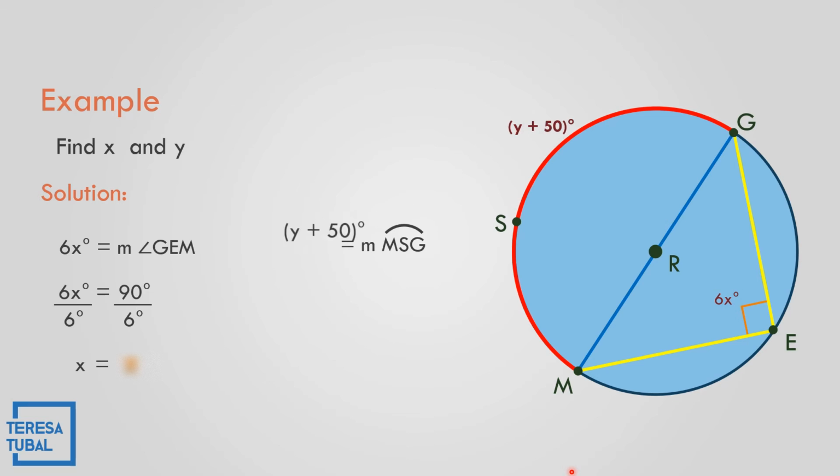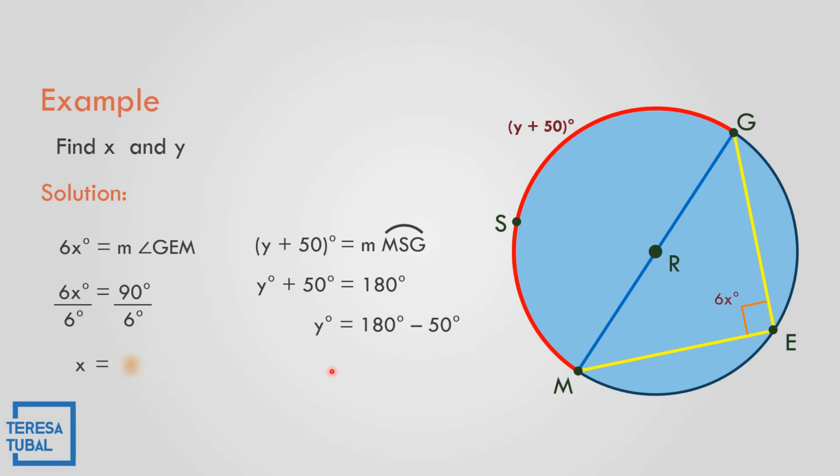Let us solve for y. So y plus 50 degrees is equal to the arc MSG, and arc MSG is equal to 180 degrees because this is a semicircle. So let us distribute the degree. y degrees plus 50 degrees is equal to 180 degrees. Let us combine like terms.